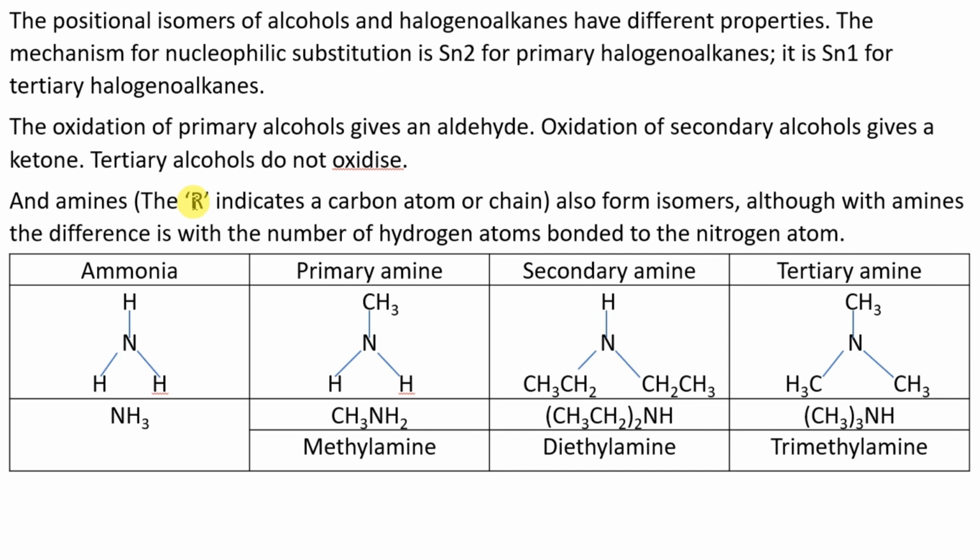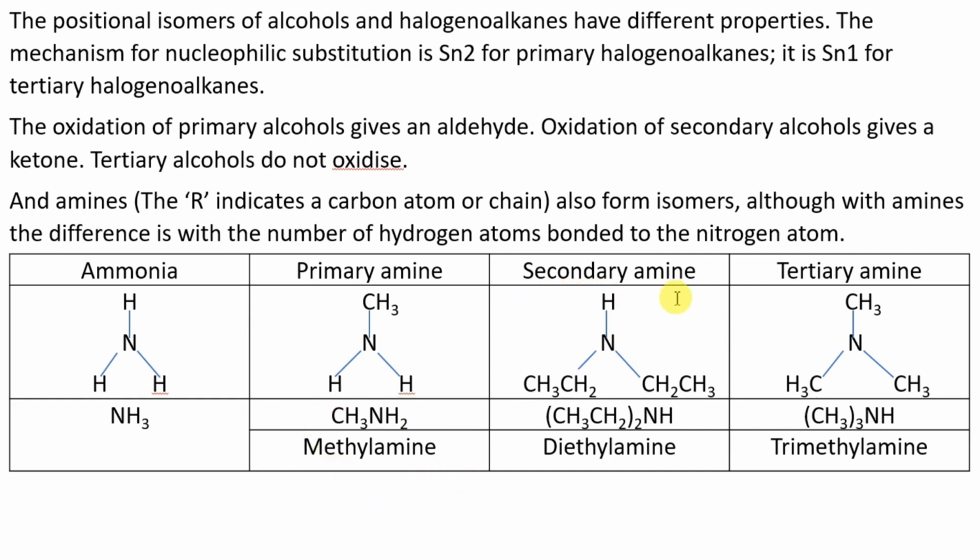Amines. The R group indicates a carbon atom or chain. But the amines also form isomers, although with amines, the difference is with the number of hydrogen atoms bonded to the nitrogen. Based on ammonia, NH3, I can have a primary amine, where the nitrogen is bonded to 1 carbon, methylamine.